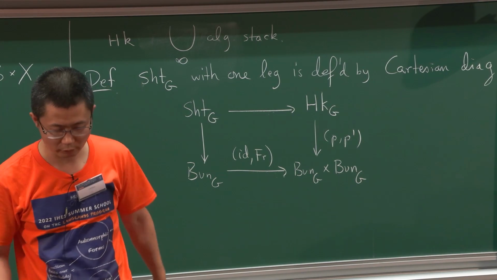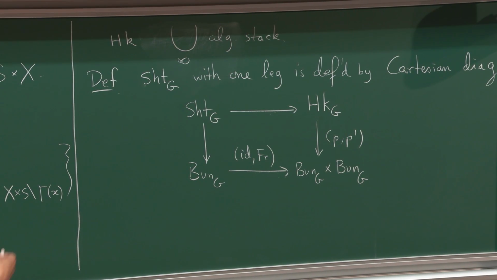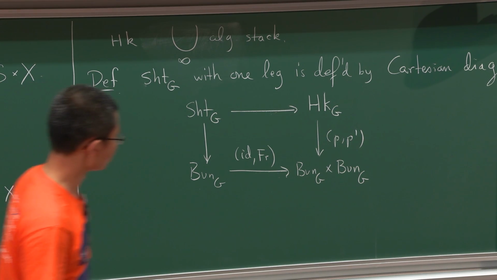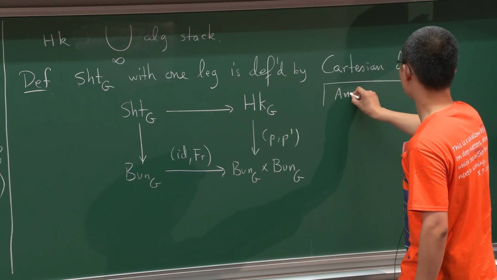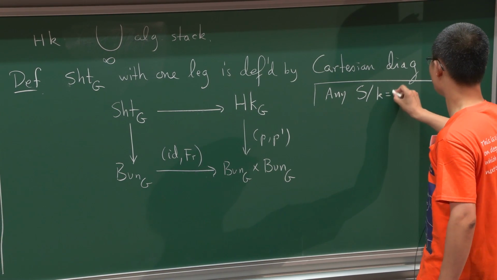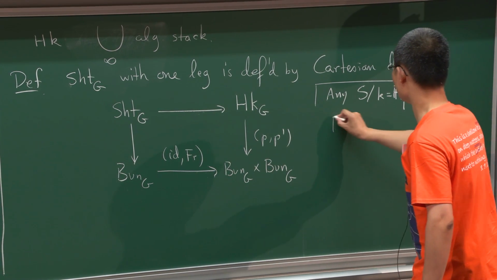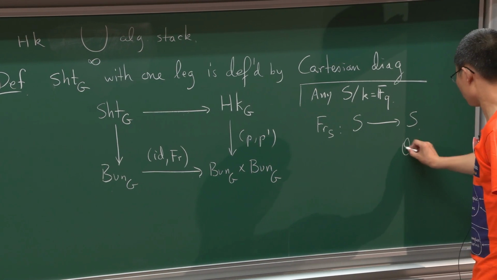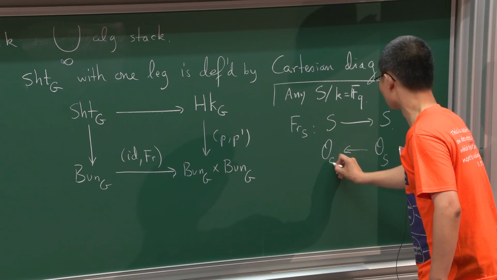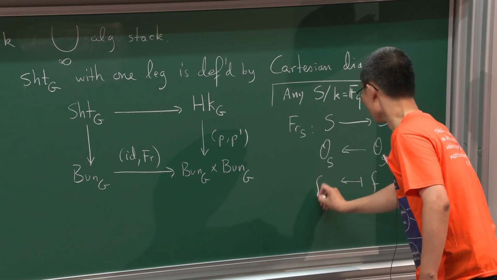For any stack over F_q, there's a Frobenius morphism that raises functions to the qth power. So here, for S, on the level of functions, it raises everything to the qth power.